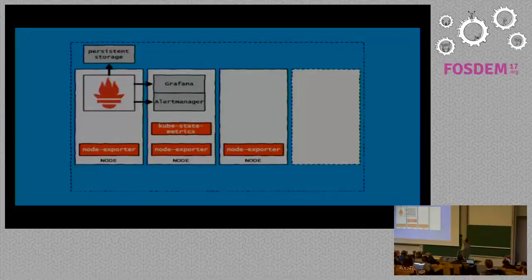Yeah, you could do this as well, but you have the same problems when your Kubernetes cluster doesn't work reliably anymore. You won't see any metrics, you won't have any monitoring in the worst case. So of course it's possible to deploy a Grafana and Alert Manager in here.